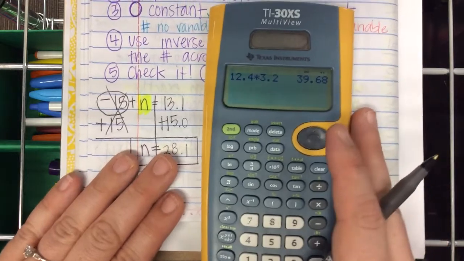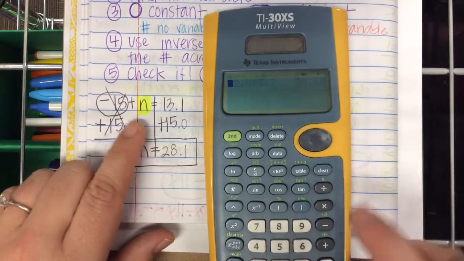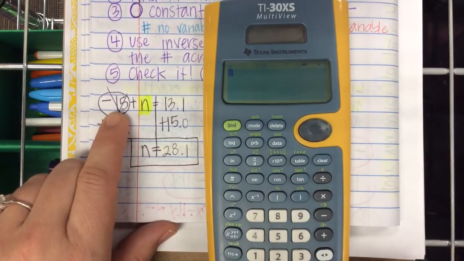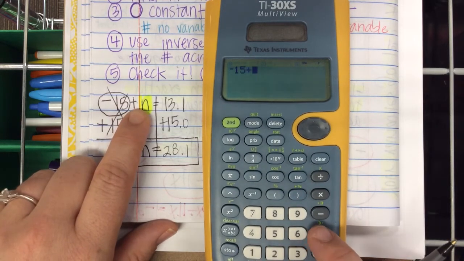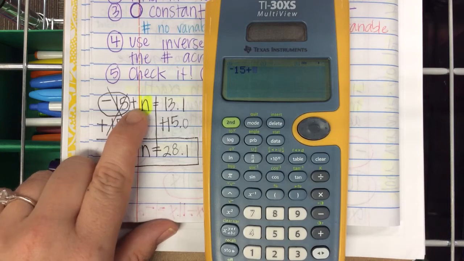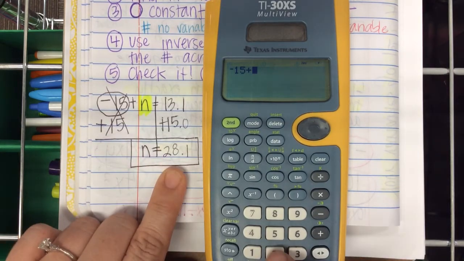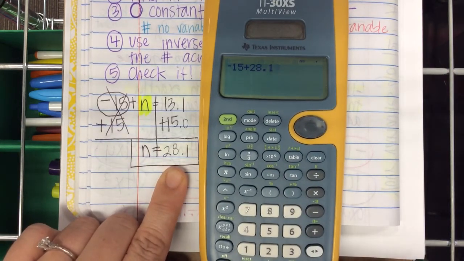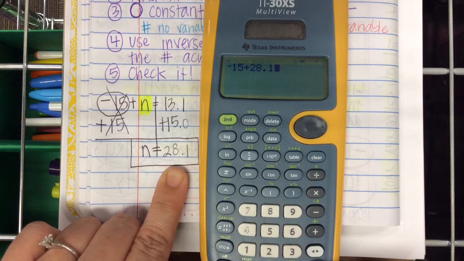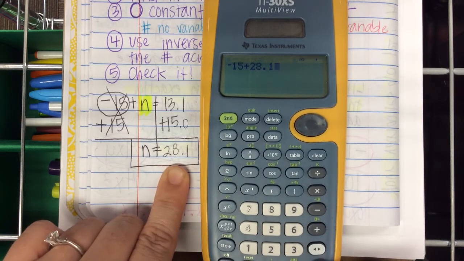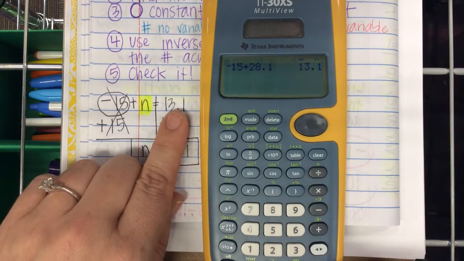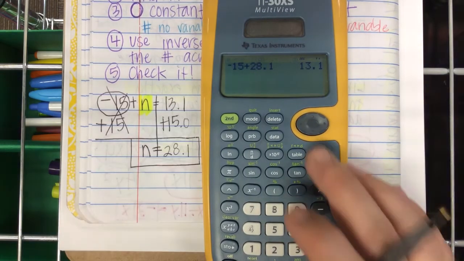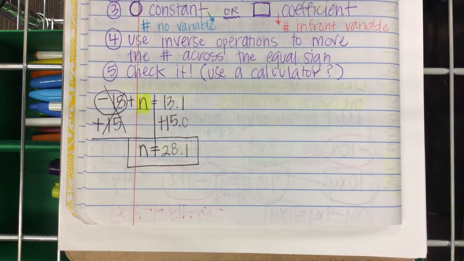Step 5, check it. Negative 15 plus, and then instead of n, my answer was 28.1. And when I press enter, does it work? Yay! Find the variable.